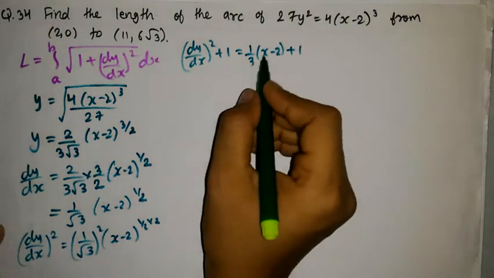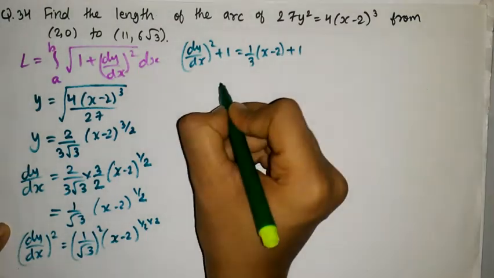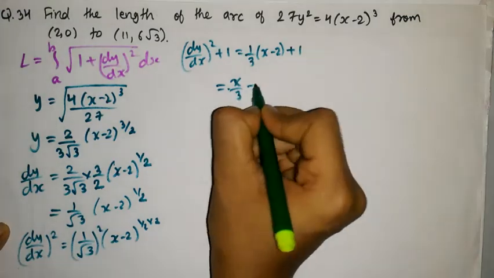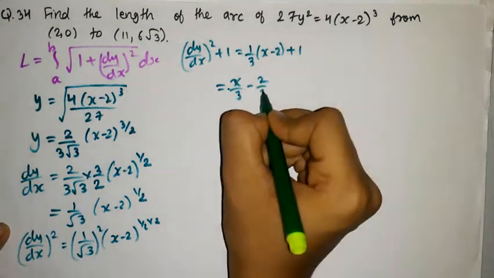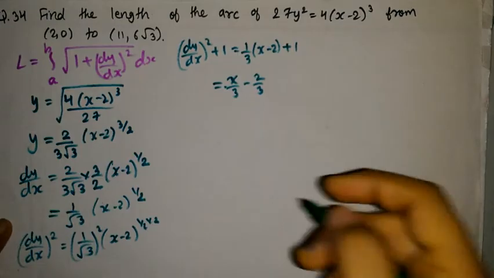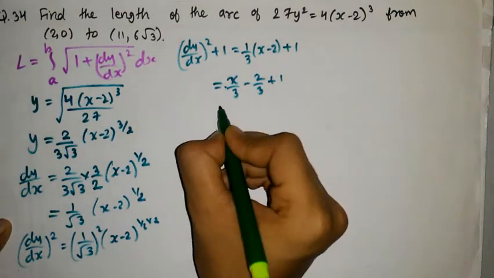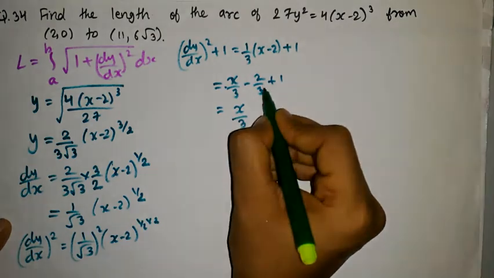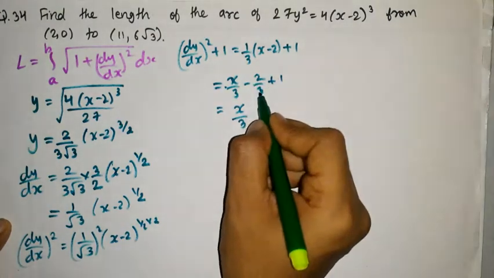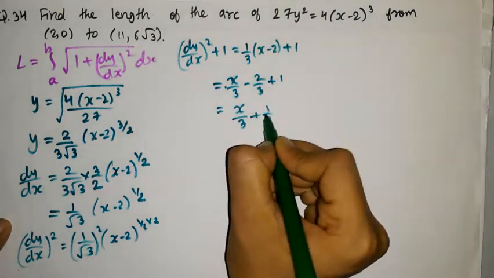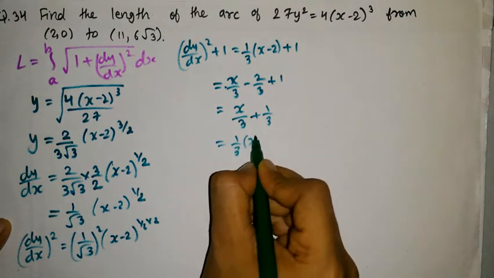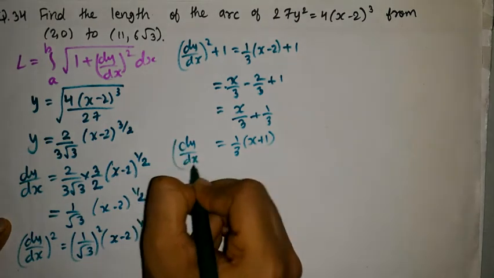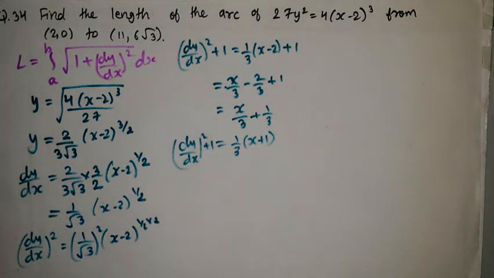Let's solve this. This is equal to x by 3 minus 2 by 3 plus 1, that is x by 3 plus 1 by 3, which equals 1 by 3 into (x plus 1). So we get dy upon dx whole squared plus 1 is equal to this term.